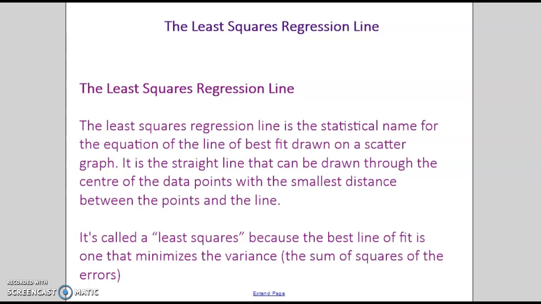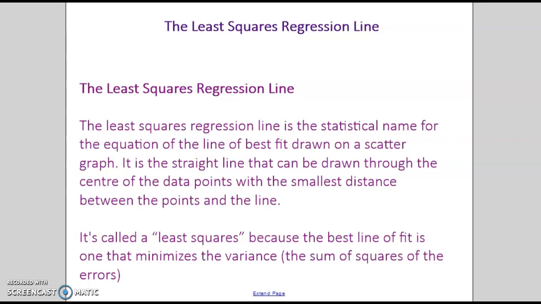So when you draw it from scratch, from looking at it, which obviously we don't have to do at A level, it's not very often that we get it spot on. It's not very often that we can draw that perfect line, but there are now computer programs and software that can find the exact place where it needs to be so that the smallest gap between the points and the line exists.